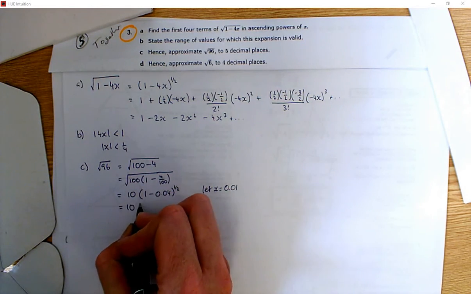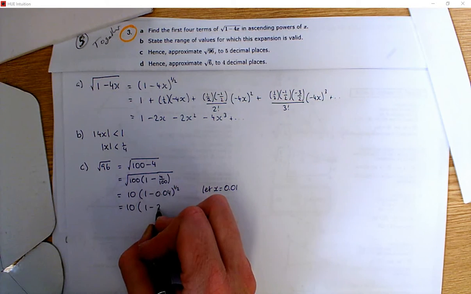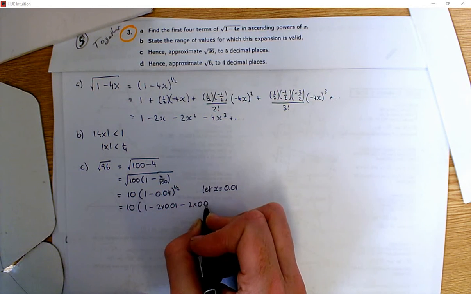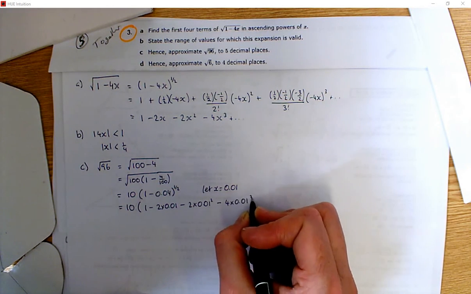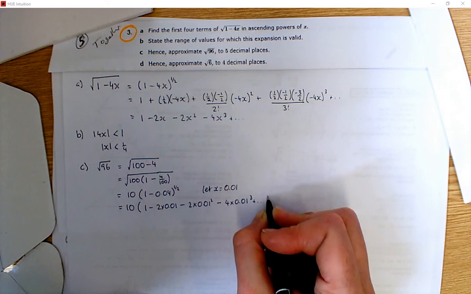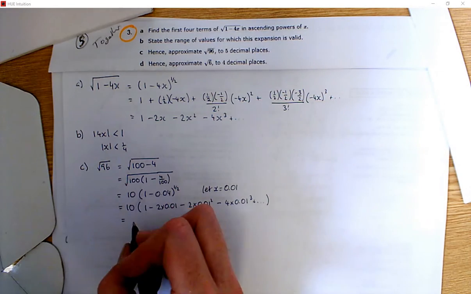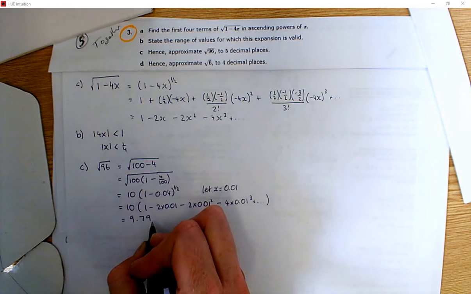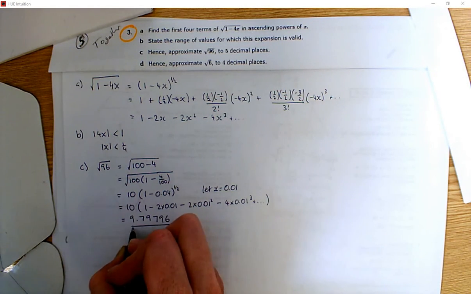So we've got 10 times, and then we've got 1 minus 2 times 0.01 minus 2 times 0.01 squared minus 4 times 0.01 cubed. If you type that very carefully on your calculator, you should get 9.79796 to 5 decimal places.